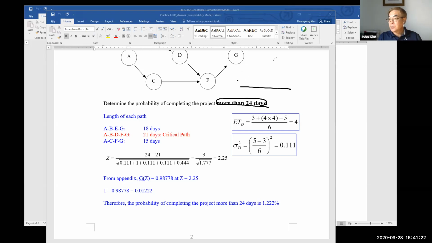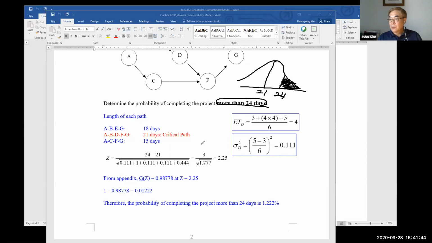Let's select. Expected time is 21, and desired time is 24. Then it asks for longer than, so this area.